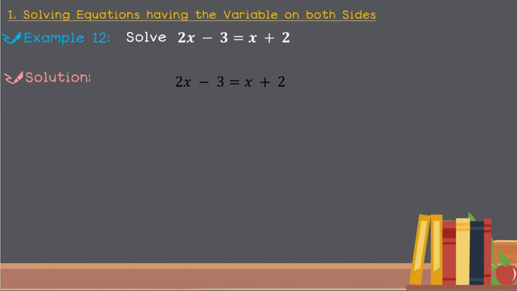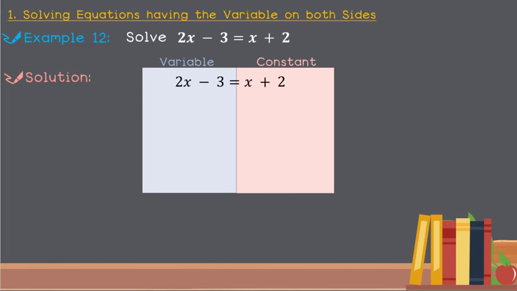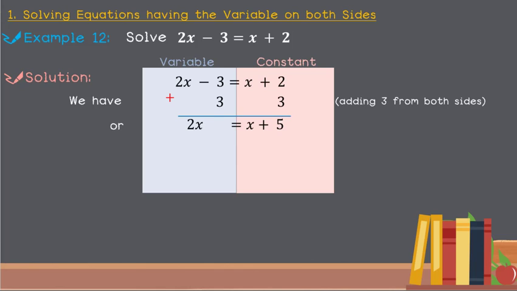So we have two sides. I'm going to put my variable terms on the left hand side and my constant terms on the right hand side. Similar to the last lesson, I add 3 to both sides. On the left hand side of the equation, I have 2x. I'm not adding or subtracting anything to that.